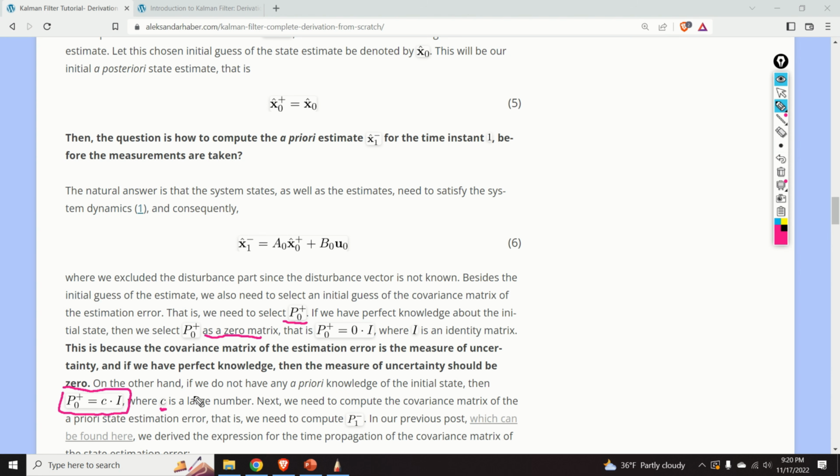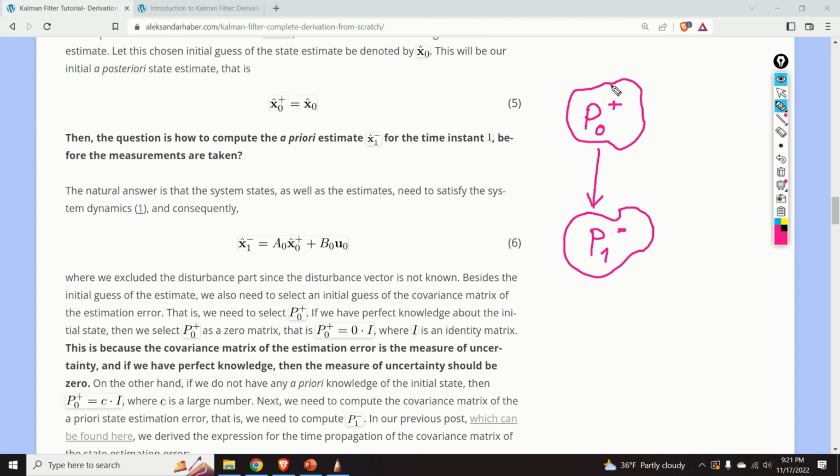That is, we have huge uncertainty about our initial state. Okay, so now we selected P0 plus, and the question is how to go to P1 minus. That is, how to go from the a posteriori covariance matrix at the time instant k equal to 0 to the a priori covariance matrix for the next time instant k equal to 1.